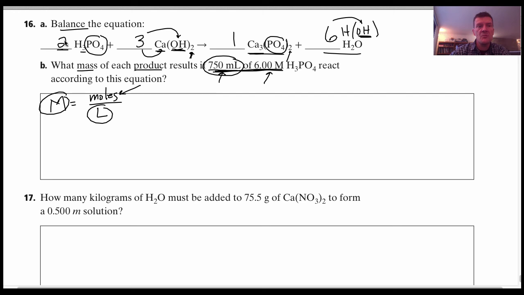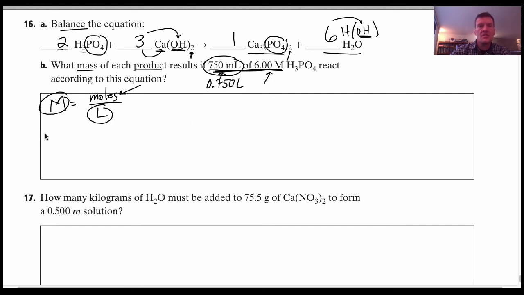And then if I know the moles, I can use these mole ratios to find out how much of the other things are going to be involved in this reaction. So let's take this here. 750 milliliters, by the way, I need to convert milliliters to liters. There are 1,000 milliliters in 1 liter. So 750 is going to be 0.75 liters.